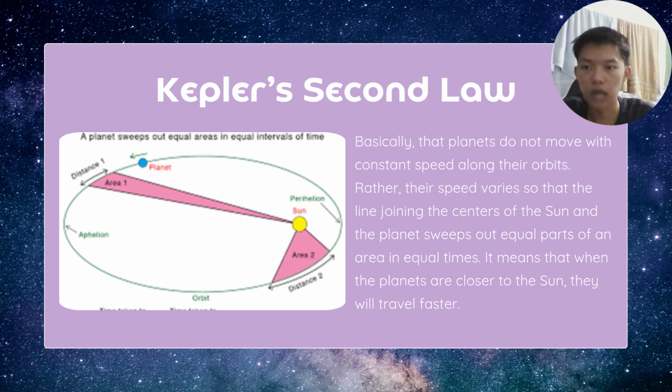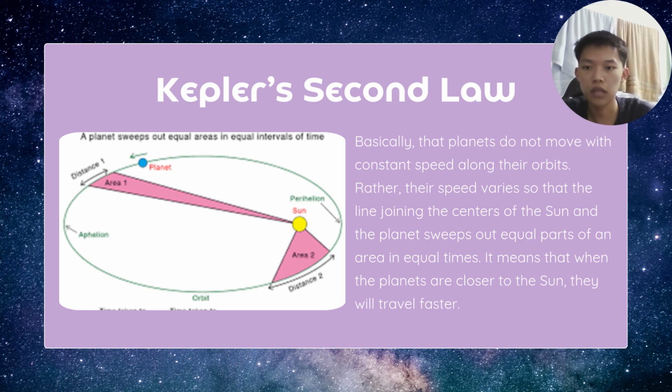Kepler's second law, known as the law of areas, states that a planet does not move at a constant speed along its orbit, but instead moves faster when closer to the sun and slower when farther away from the sun. It's because the line joining the sun and the planet sweeps out equal areas in equal time intervals.